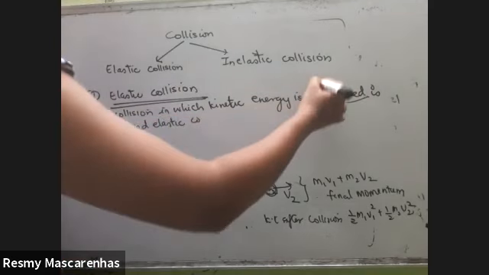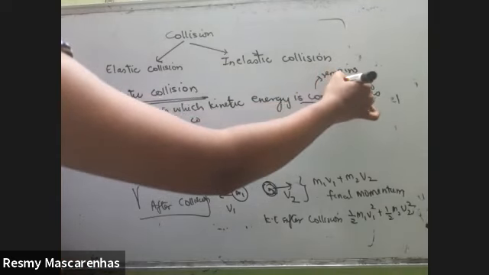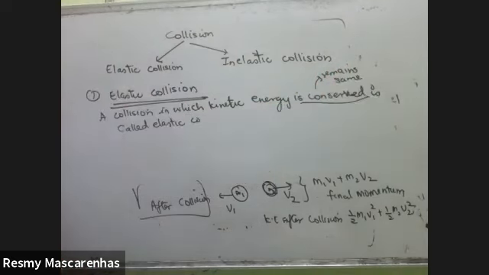Conserved means what? It remains the same. It is not lost. Before collision, the total kinetic energy will always be equal to the total kinetic energy after the collision. Conserved means it remains the same. It is not lost in the environment.